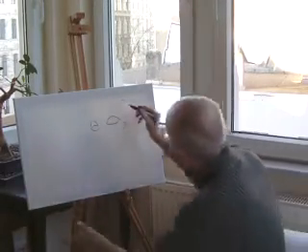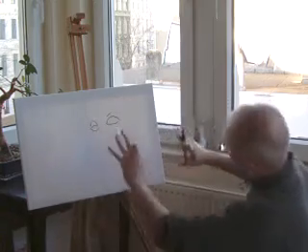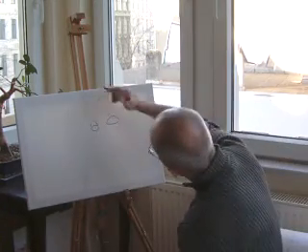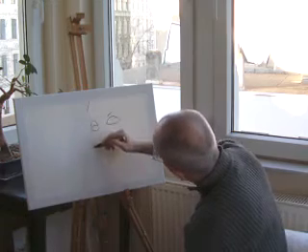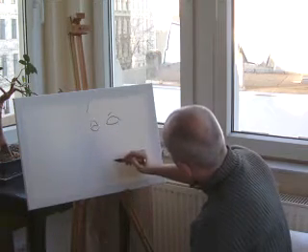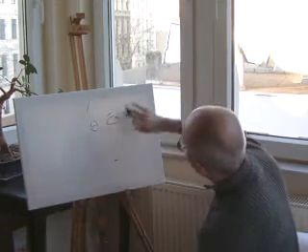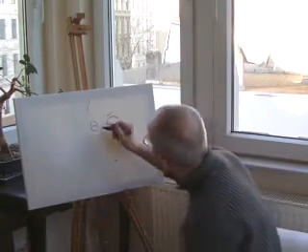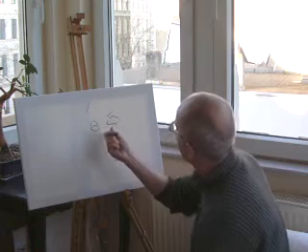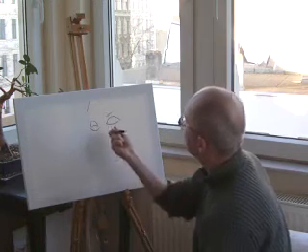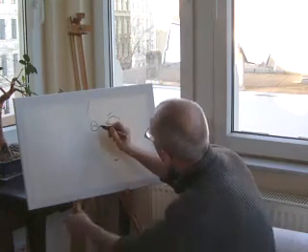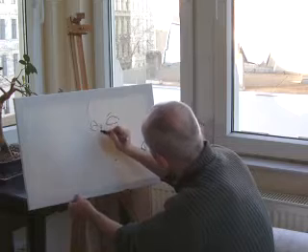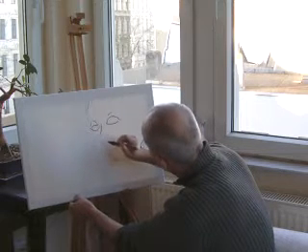So you see, this will create the need to decide, okay, the face is more or less here, right? And then the nose is not pointing exactly out of the canvas, but a bit like this, right?